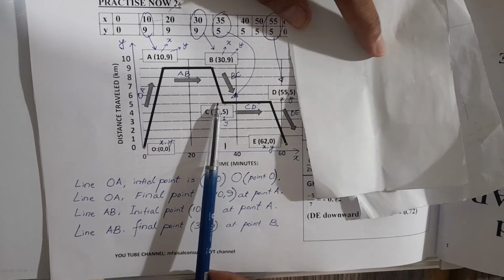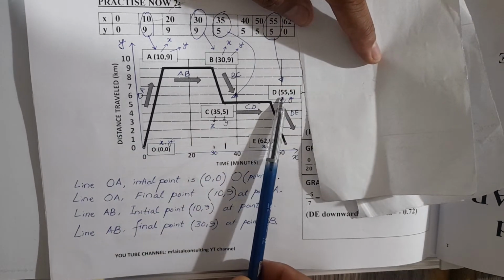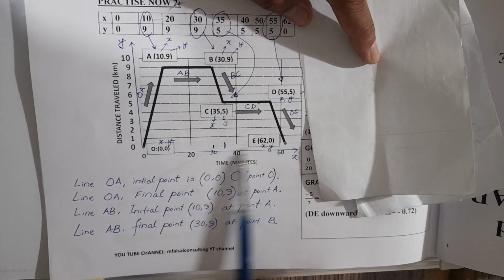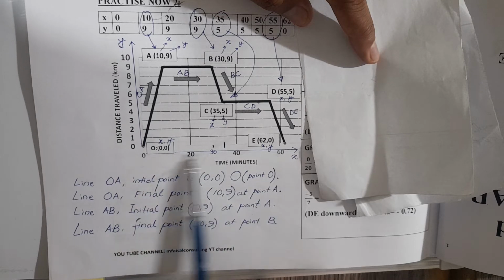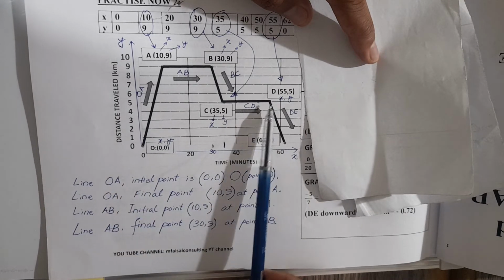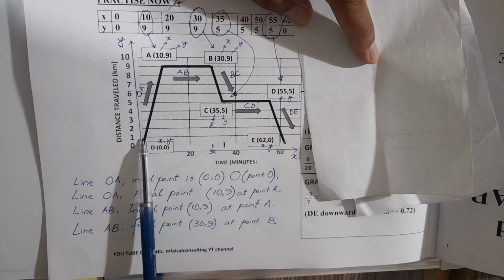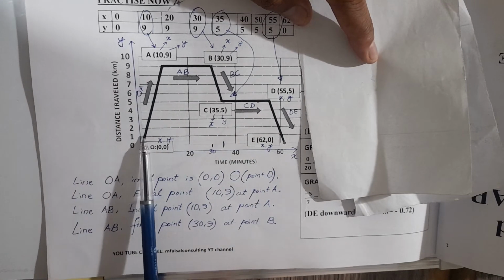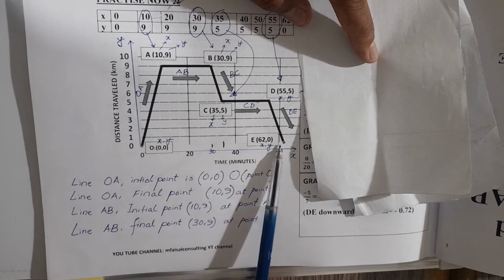Similarly for point D, 55 and 5: 55 on the x-axis, this is the run axis, and this is the rise axis, the y-axis. So 5 at the y-axis.